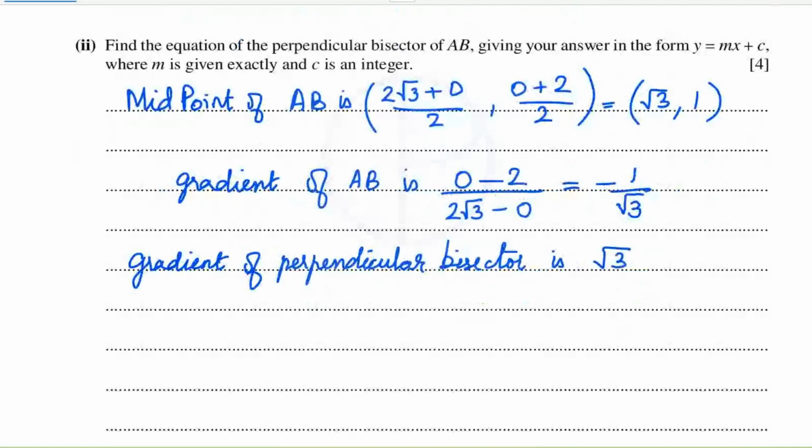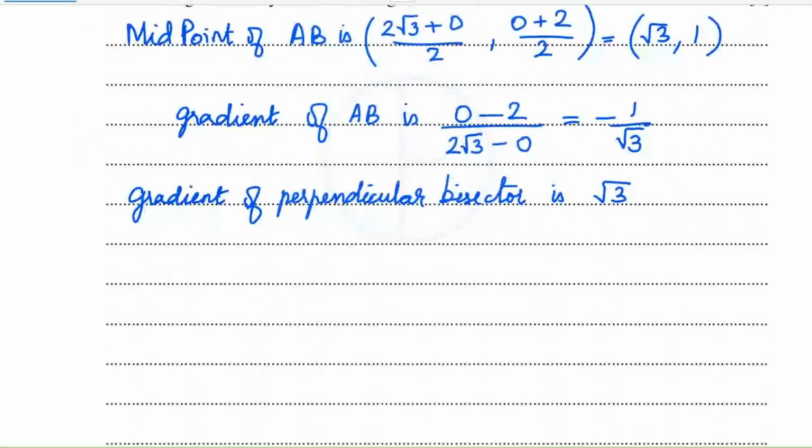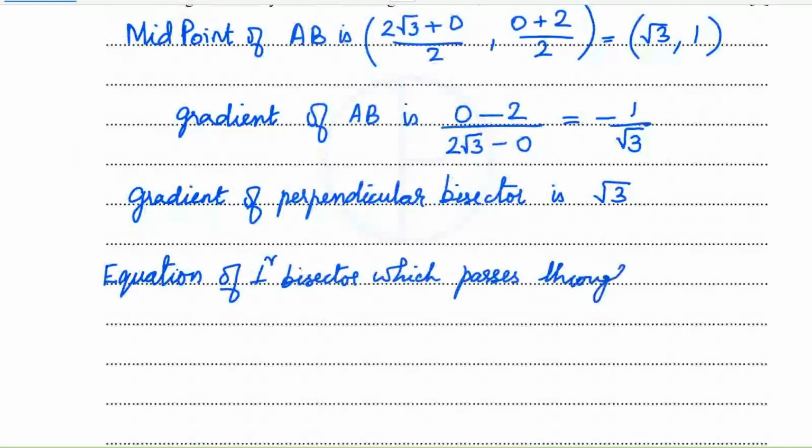Now let's write the equation of the perpendicular bisector, which passes through the point (square root of 3, 1). y minus y1, where y1 is 1, equals the gradient, square root of 3, multiplied by (x minus square root of 3).